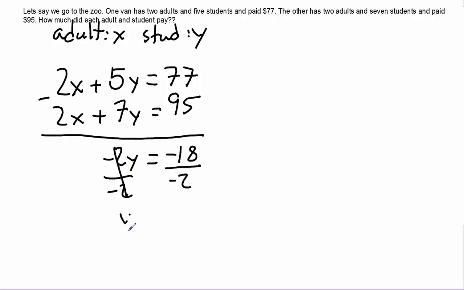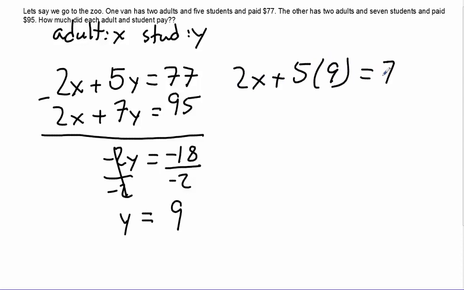And y is equal to positive 9. Okay? To find our x value, same thing. Substitute back into y. You're going to get 2x plus 5 times 9 is equal to 77. 2x plus 45 is equal to 77.